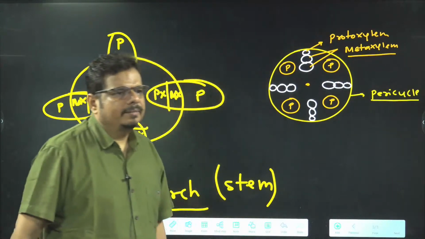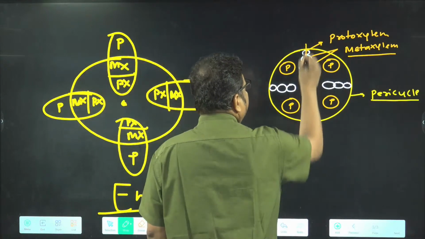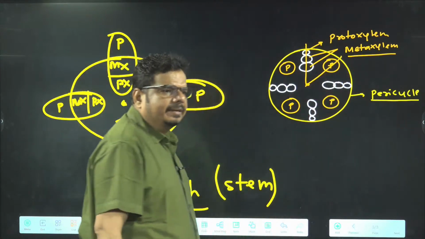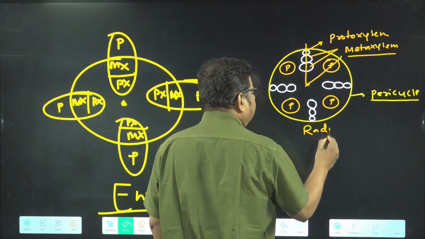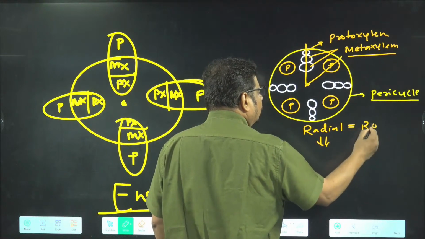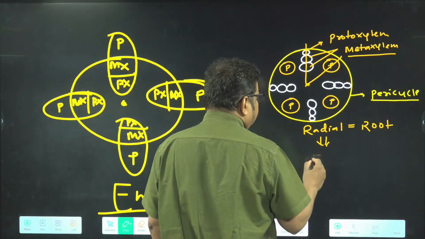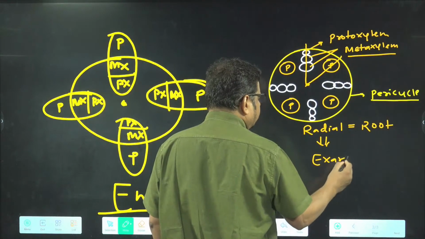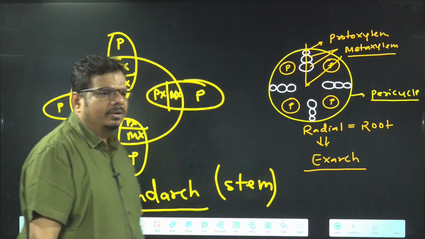Here protoxylem is toward outside. And here xylem and phloem are present on different radii. So what kind of vascular bundle arrangement is it? Radial arrangement. In which one does radial arrangement occur? Root. And in radial arrangement, what do we find? Exarch condition is present.